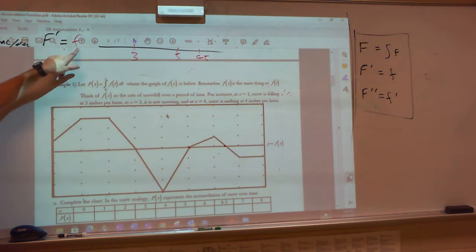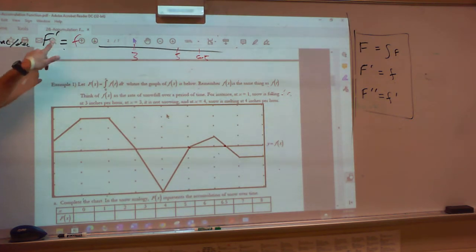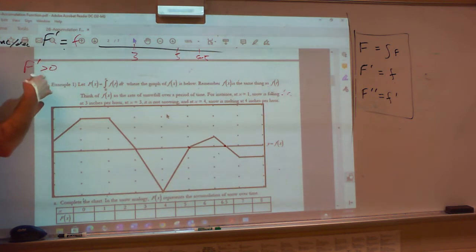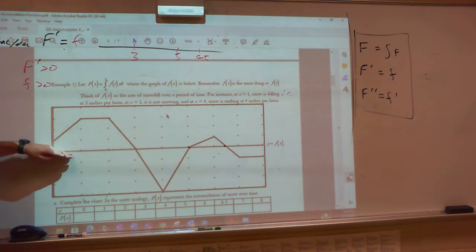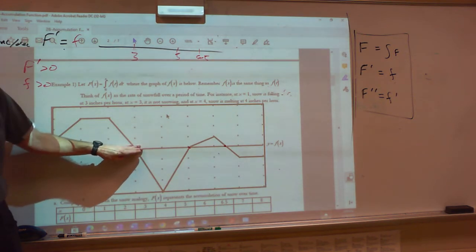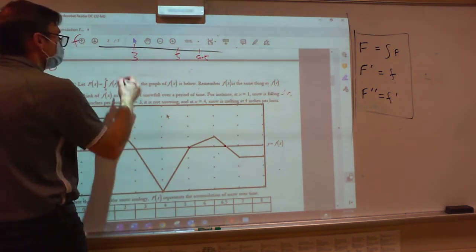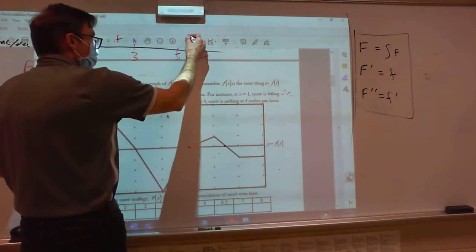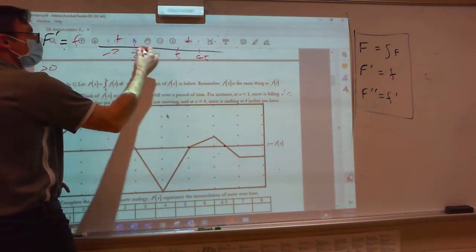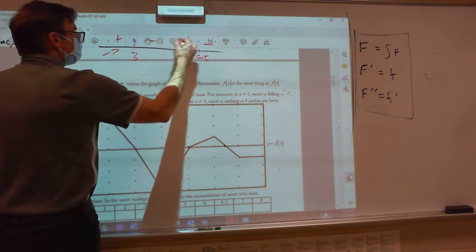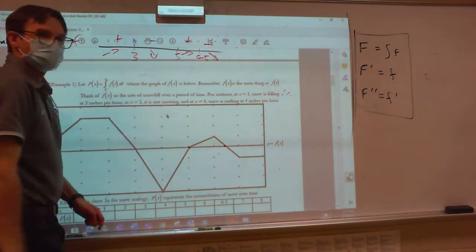What we're given is little f. So if I'm asking where F prime is positive, that's the same thing as where little f is positive. Is everybody okay that little f is positive from here to here? So it's positive here and positive here. And so I know I'm increasing, and I'm increasing, and then I'm decreasing, and I'm decreasing.